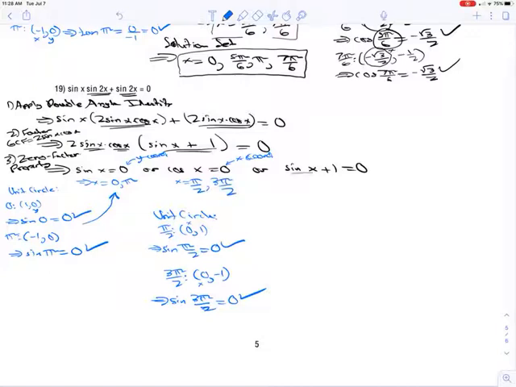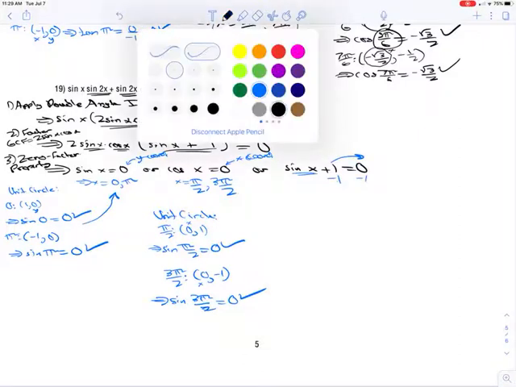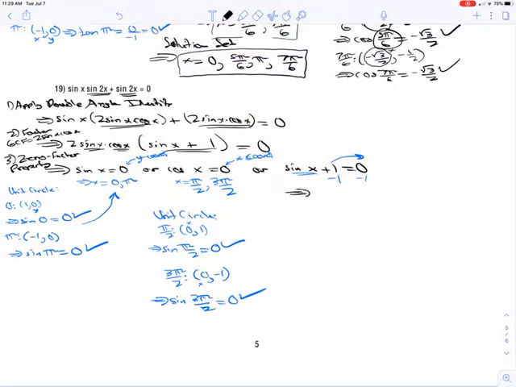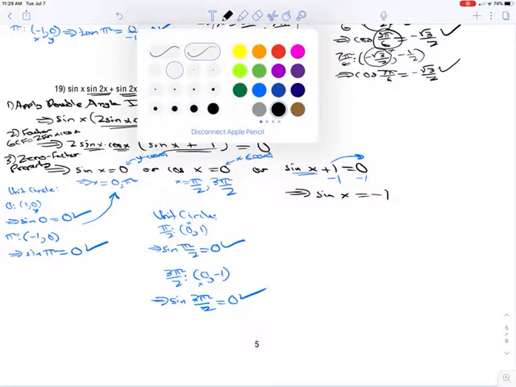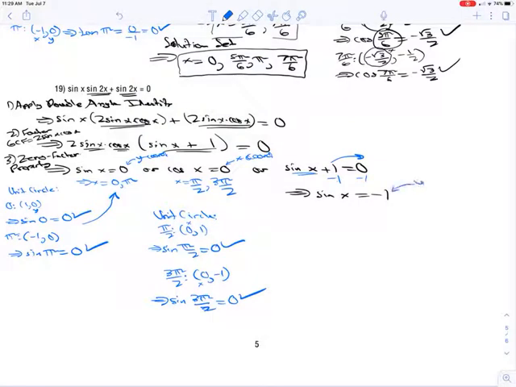Now this one, we still got to solve for x. Go ahead and subtract that 1 over. We got a little bit of work. So here we have the sine of x equaling negative 1. And now our question is, when is our y-coordinate negative 1?